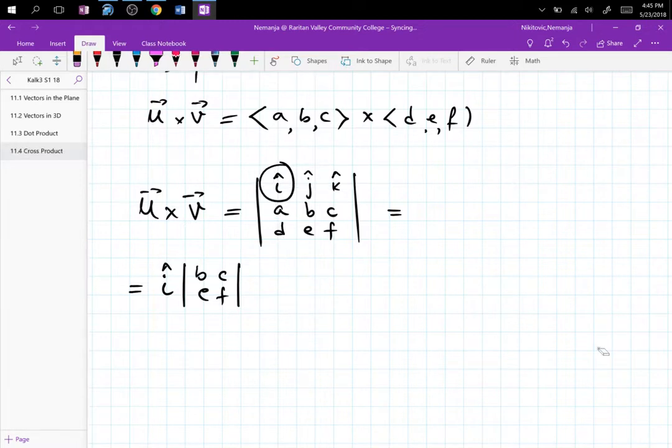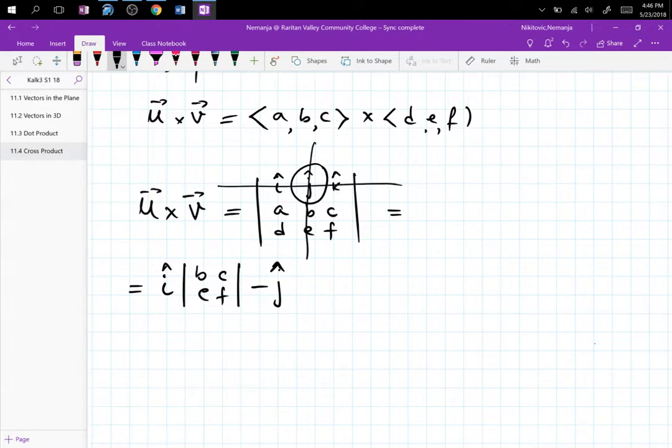Then you move over to J, but you need to put negative J. That's one thing that you will have to memorize. Negative J, delete the row and column. The matrix that is left is AC, DF.